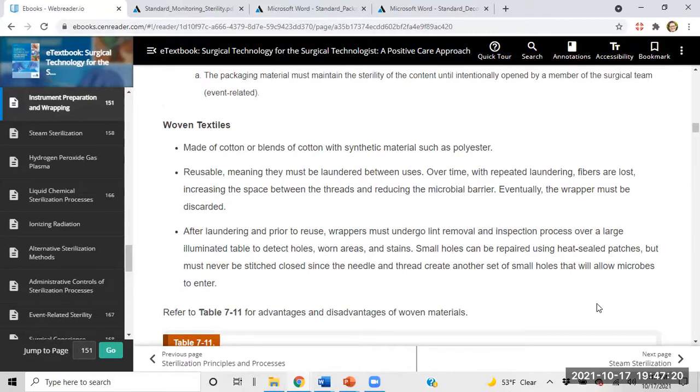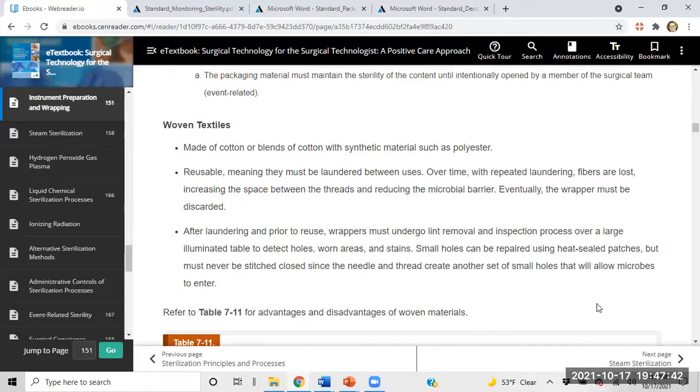Those are going to be used over and over, but then fibers are lost and that increases the space between the threads. And so then that is reducing that barrier. So eventually the wrap has to be discarded if we're talking about using something that is cotton or a cotton blend.